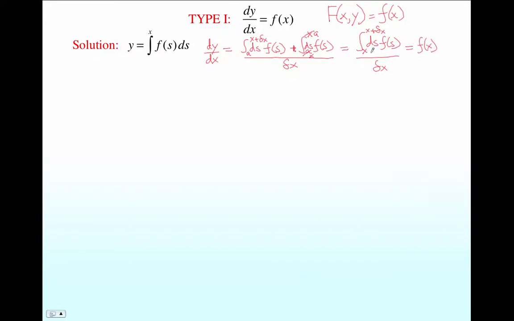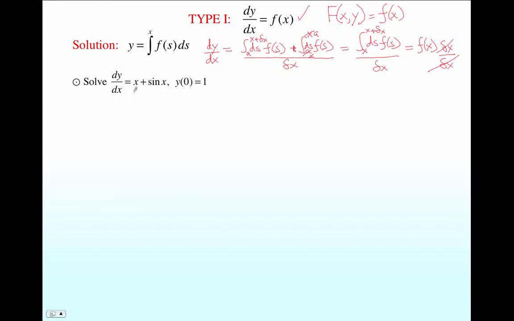And the integral of 1 between x and x plus delta x is delta x. And at the bottom we have delta x. We can just cancel this. So that's a quick proof that dy by dx is f of x and is a solution of this differential equation.